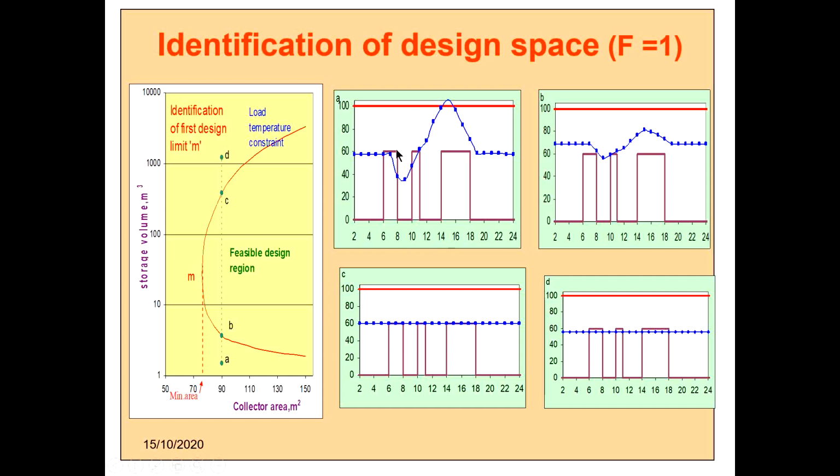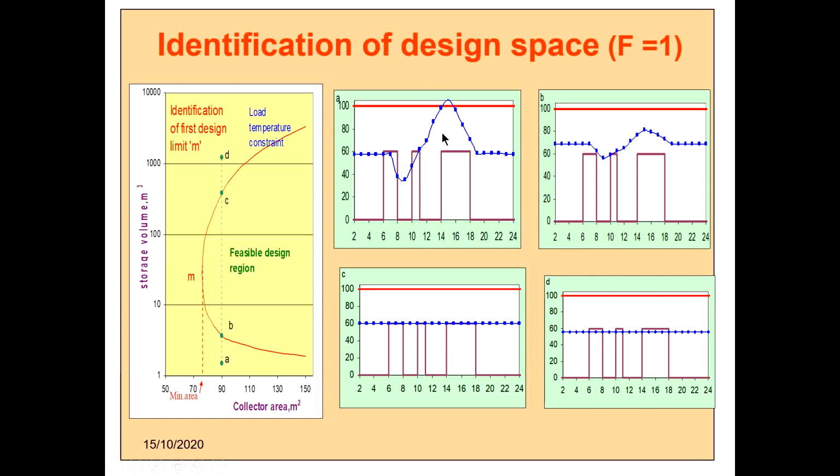So here the demand is 60 degrees Celsius, but when the demand exists, the demand is above the storage temperature, which is not acceptable. The curve is lying much below. Between 8 o'clock and 10 o'clock, the storage temperature is much lower, so here the auxiliary is needed. So this is not acceptable.